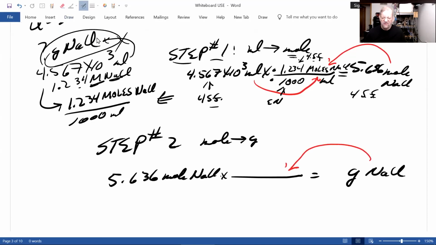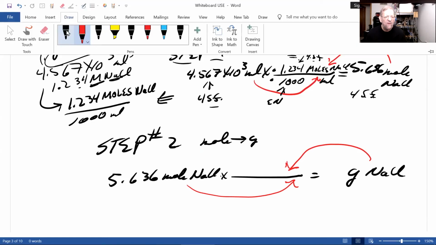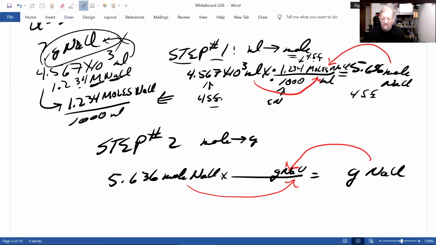Whatever I'm trying to get to goes on top of the ratio. Whatever I'm trying to get rid of goes underneath. And those numbers, where do I get these? Well, first put the units there. And remember, 1 mole, this will be given to you, of a compound equals the molecular weight in grams of the compound.